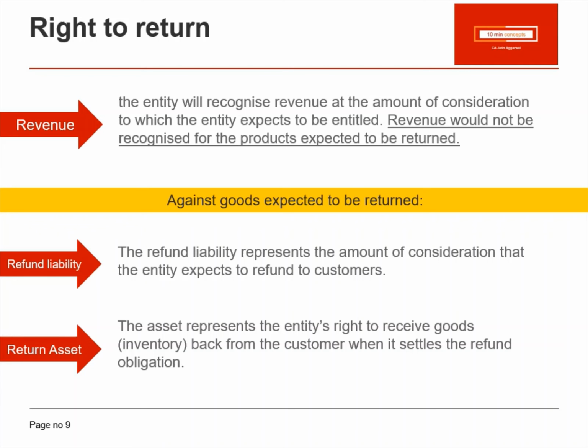This refund liability would represent the amount of consideration that the entity expects to refund to the customer, and this return asset would actually represent entity's right to receive goods, which is nothing but its inventory, back from the customer when this settlement takes place.